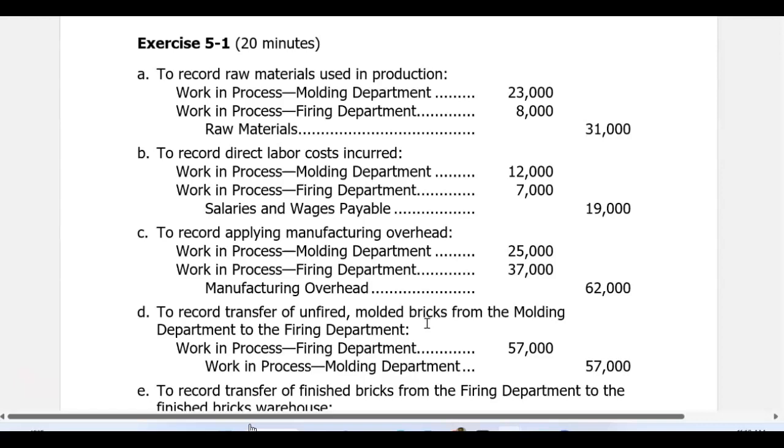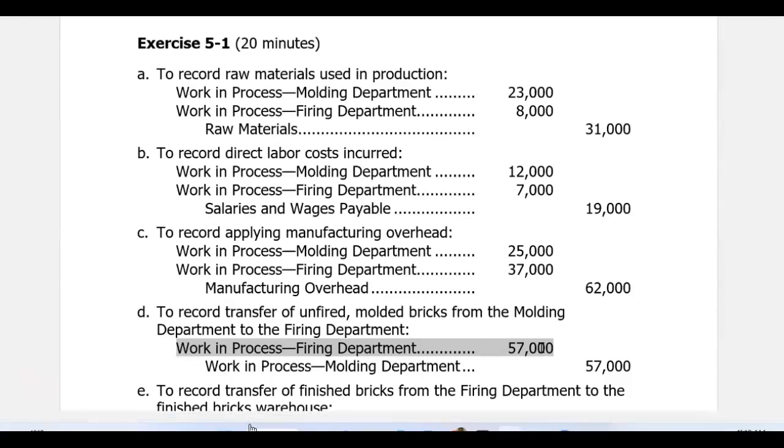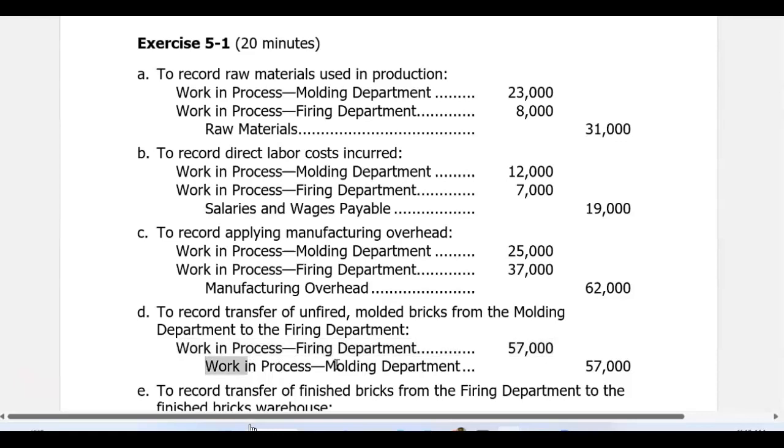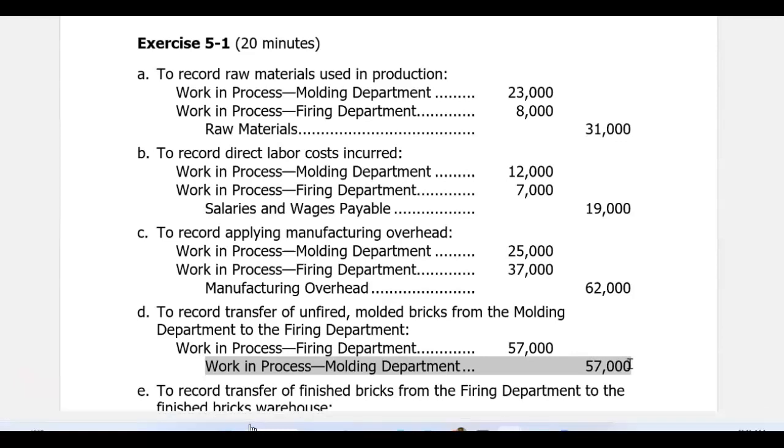Now, from department 1, you need to send some material to department 2. So therefore, department 2 will be debited to increase the transfer in of completed products, $57,000, and department 1 will be credited to reduce and show the transfer out of completed product, right?